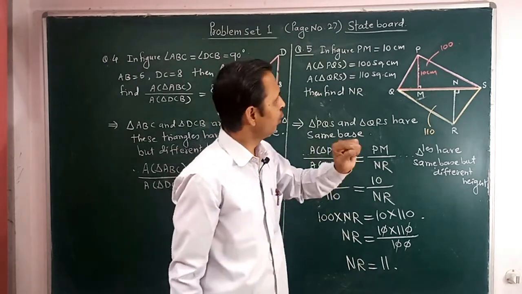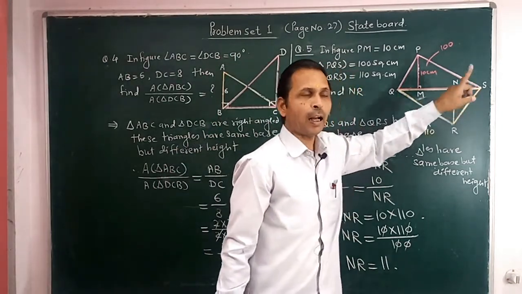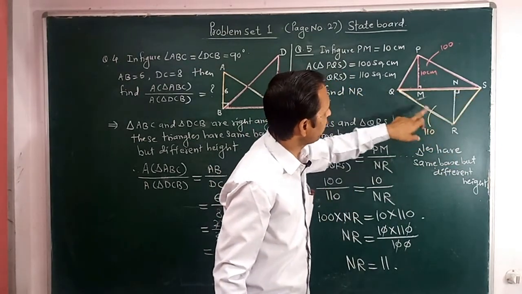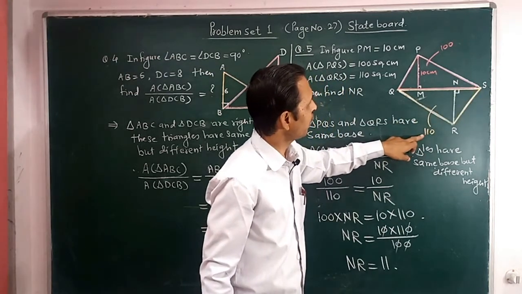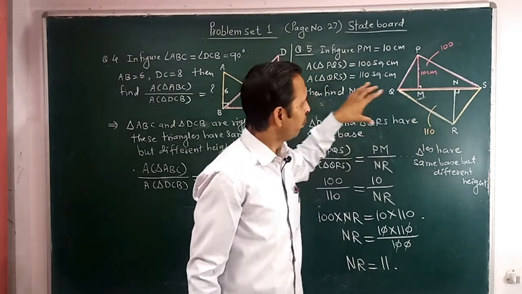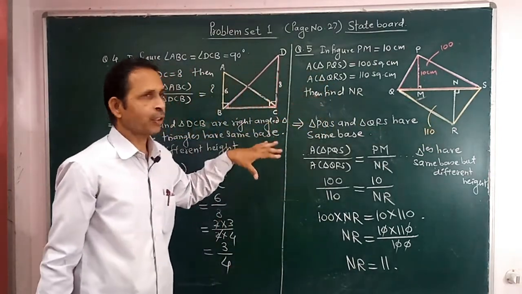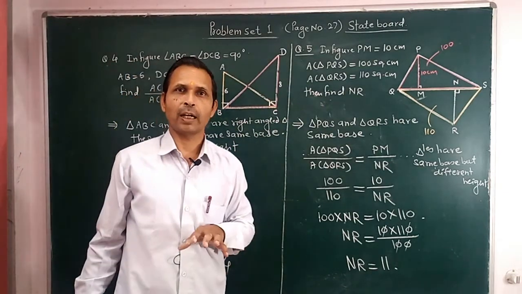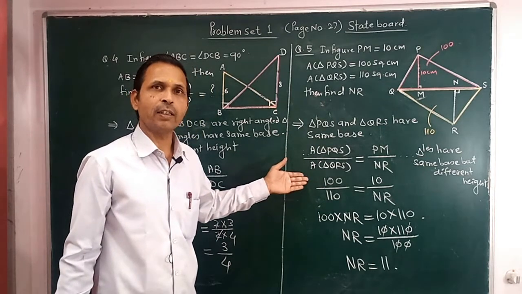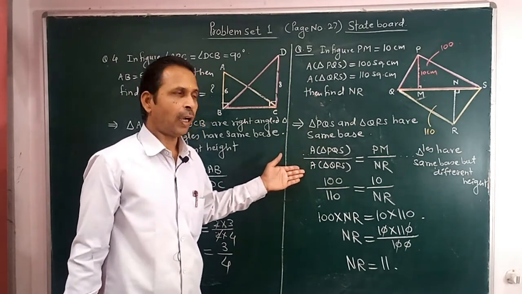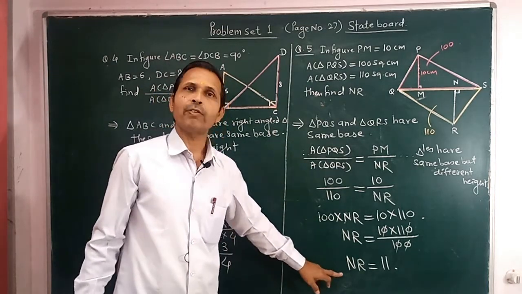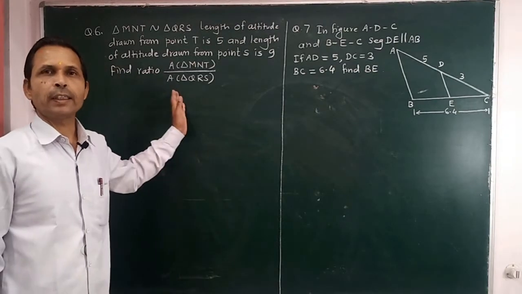From this formula we can calculate QS, and after that the area of triangle QRS is known, that is 110, the base is known, and so we can find the height NR. But in this chapter we learn three properties of the triangle, so we use the property of triangles having the same base, and according to this property it is very easy to find the value of NR. Now solve these examples.